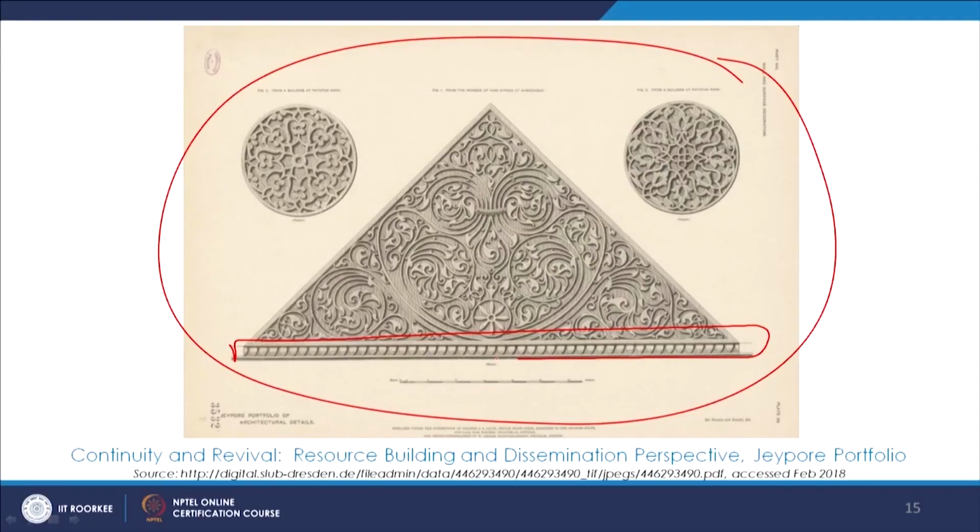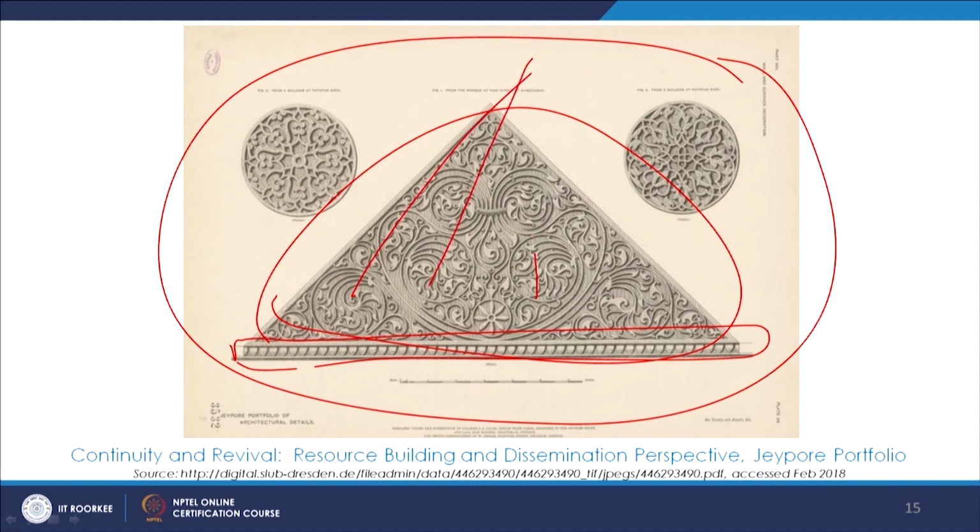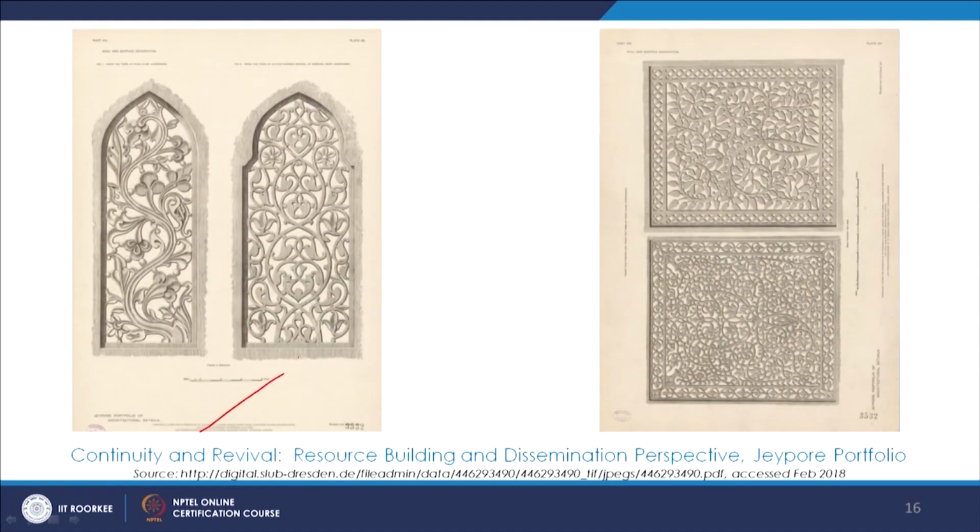And we talk about craft and architecture, and then we try to see how they are very interrelated, very innately, at different levels. Some more details here, and the border details, and the details in this space. So all that is seen here in this portfolio. Some more plates over here, more details.